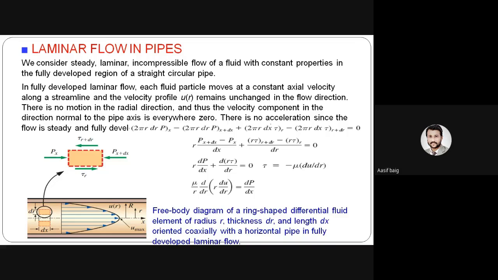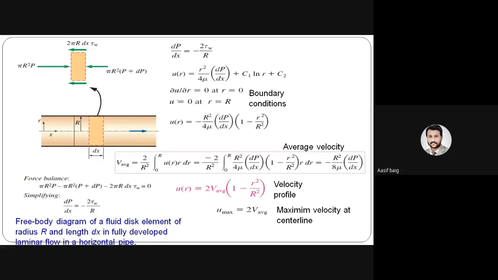So here we can see the free body diagram of a ring-shaped differential fluid element of radius r, thickness dr and length dx, oriented coaxially with a horizontal pipe in fully developed laminar flow. If you derive, we will find the equation dP/dx = -2 tw/r. And we will see the equation for the maximum velocity equals 2 times V average.